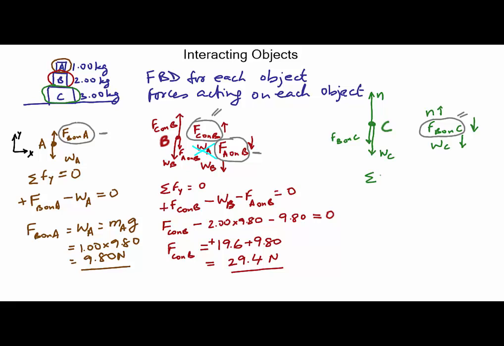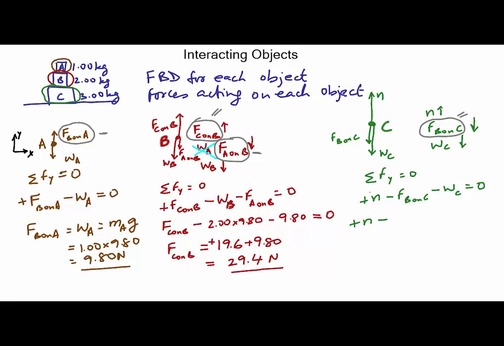Okay, so now when I set up the sum of Fy is 0 for this third object, I would get plus n minus FB on C minus WC equals 0. I don't know n yet, so I'll just retain it as a variable.